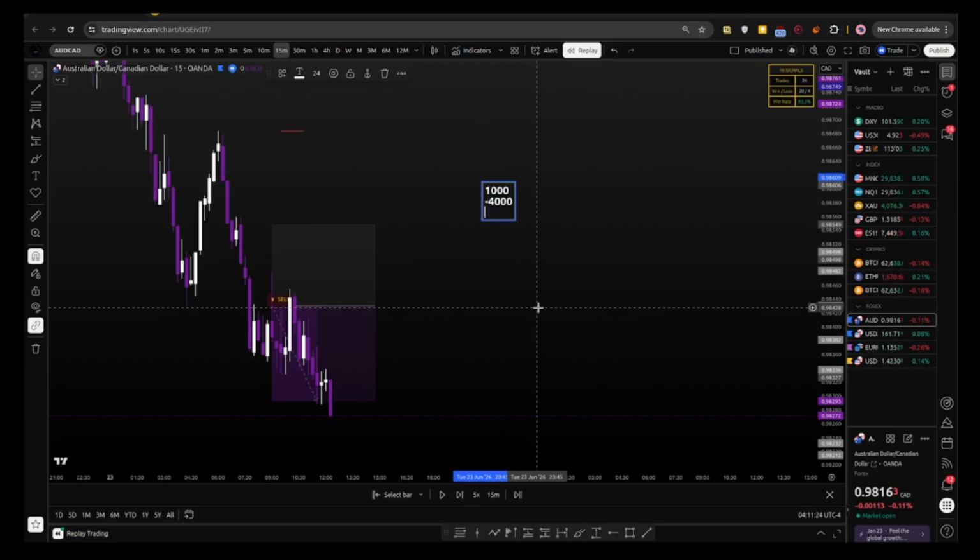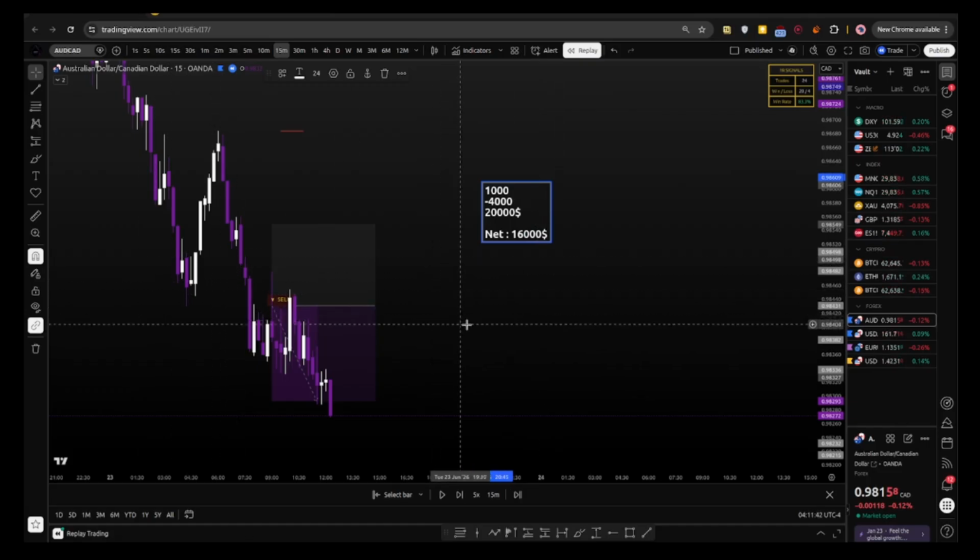And you have won 20, which is $20,000 profit, and the net is how much? $16,000. This is the power of live accounts. This is the power of funded accounts, just blindly following these signals. You saw me backtest: 83% win rate, 20 wins, 4 losses.